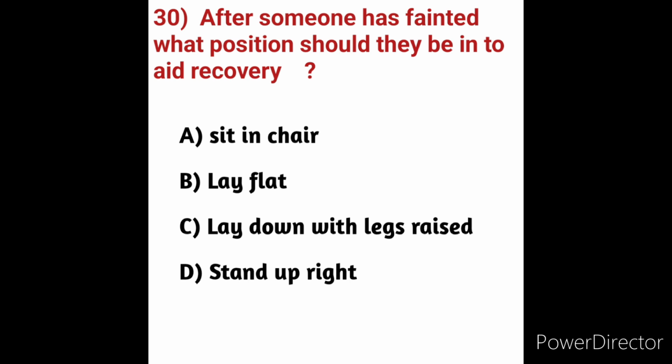Benefits of the lay down with legs raised position include improved blood flow, reduced inflammation and lower pressure in the veins in the legs. So the best position to aid recovery is option C, lay down with legs raised, which is the correct answer here.